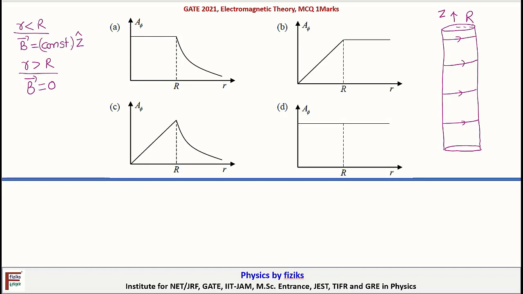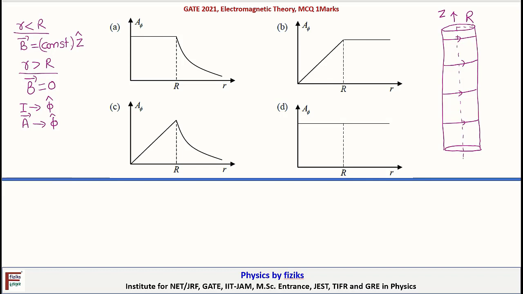We have to find the vector potential. So let's consider this is the axis of the solenoid. In this case, the current is in the phi cap direction, so the vector potential A is also in the phi cap direction. So it has an A phi cap component.